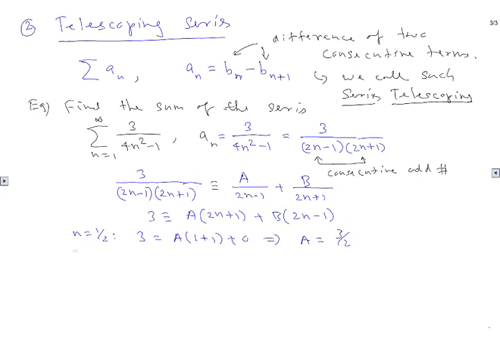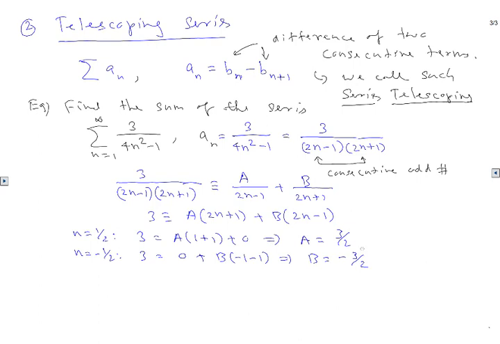And then similarly, when you plug in n equals negative 1/2, the first term gets 0, so 0 plus B times negative 1. So this is going to give you B equals negative 3/2. Okay, so we get exactly what we want, because it has to be the same number with opposite sign.